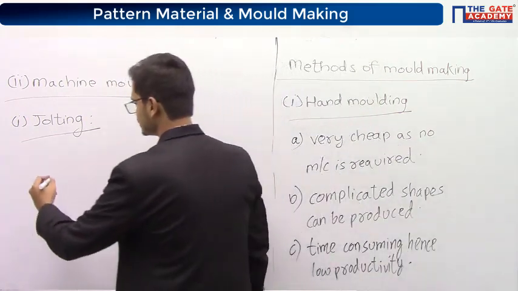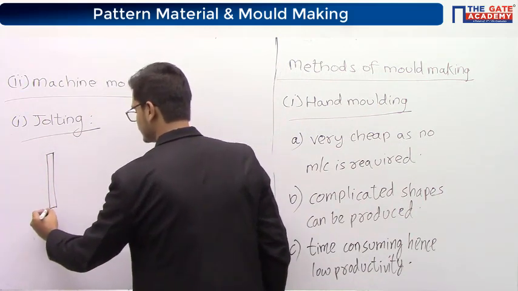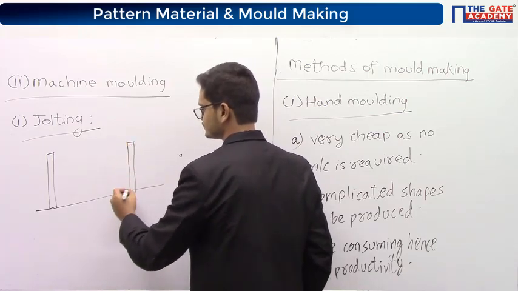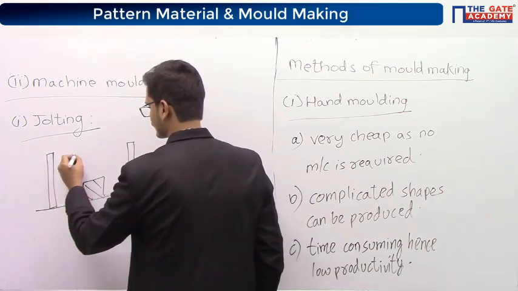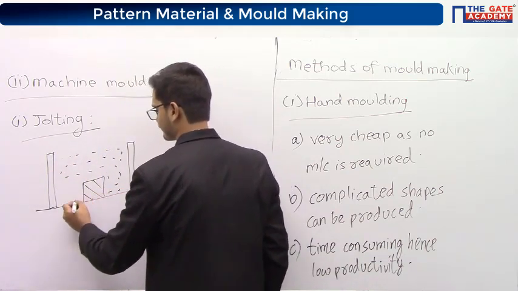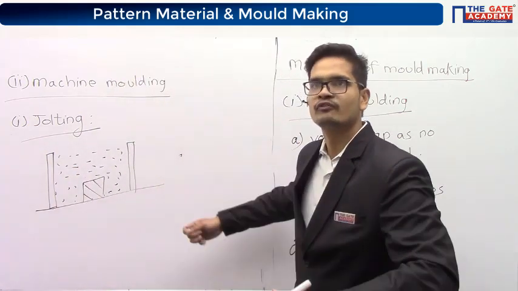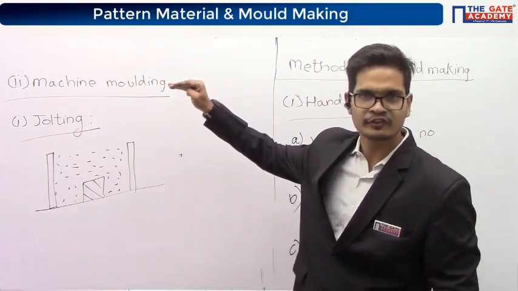What we'll do is we'll take a flask that is filled with sand. Here we have the pattern. We will raise it to a certain height, and then we'll allow it to fall.